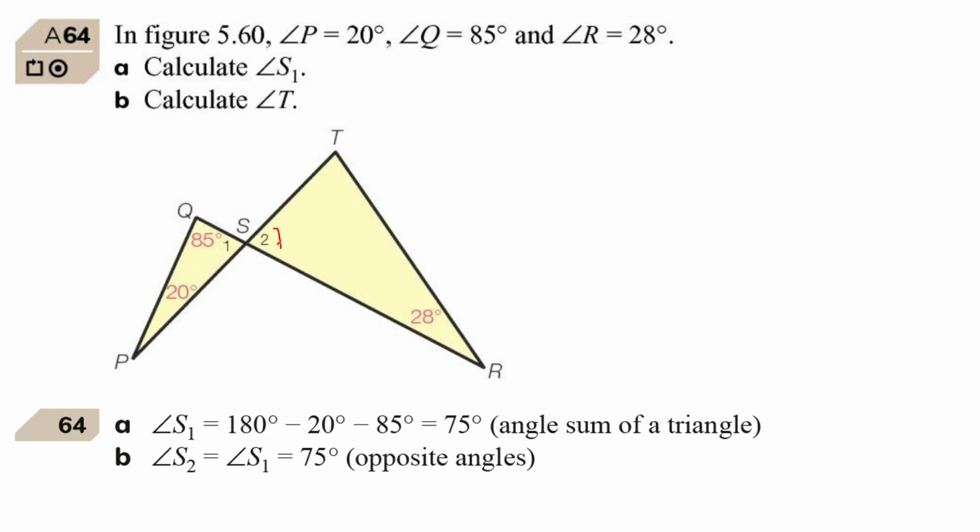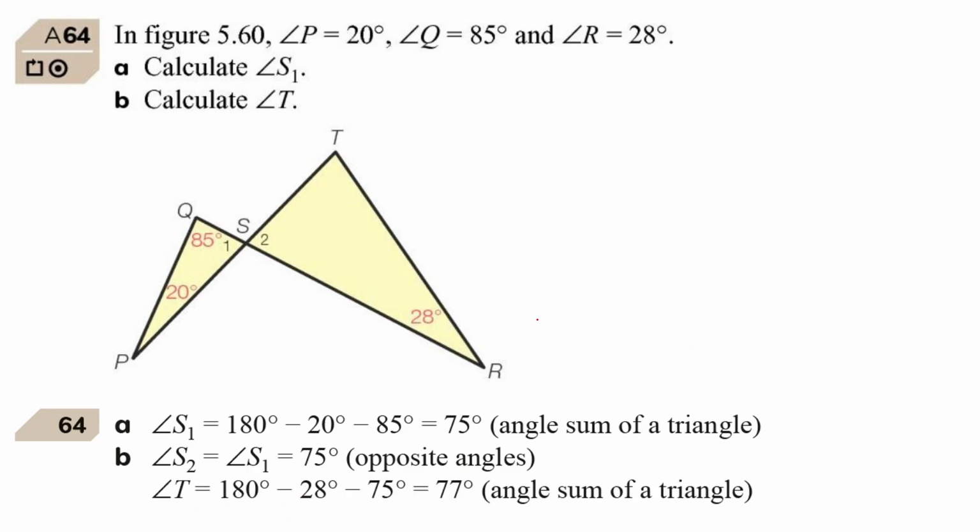If this is also 75 degrees, now I can do angle sum triangle again: angle T must be equal to 180 minus 28 minus 75, because those were already two angles in triangle SRT. So that means it's 77 degrees. Again, don't forget the rule. Good luck, and as I said, don't forget the rule.